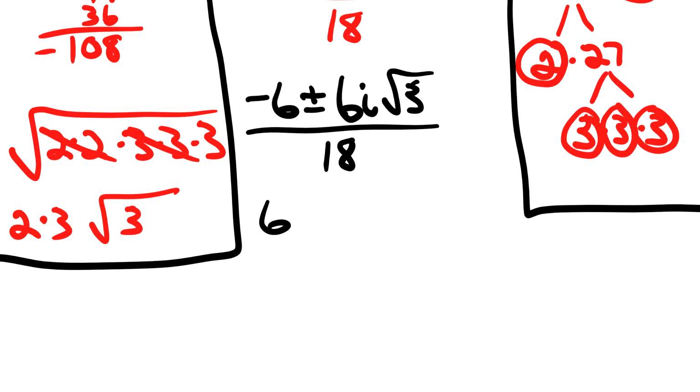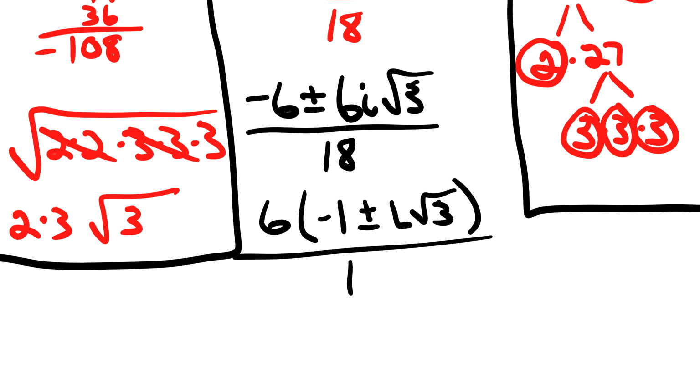If I took the 6 out here, I'm going to have negative 1 plus or minus, what would I have? Oh, I'm sorry, 6i divided by 6 is going to be just the i root 3. And that'll all be divided by the 18.